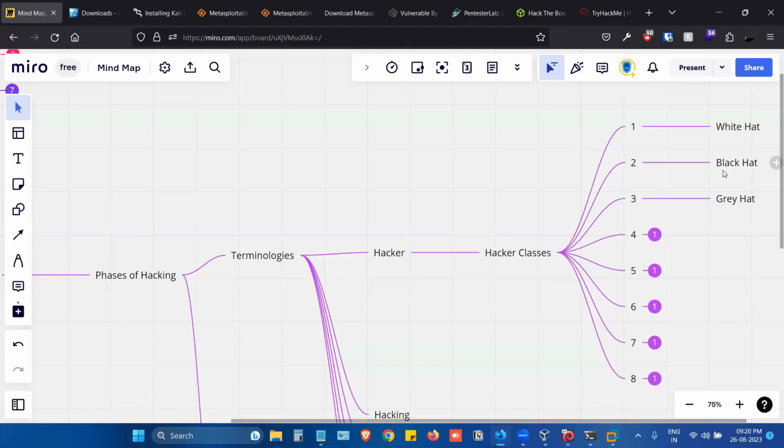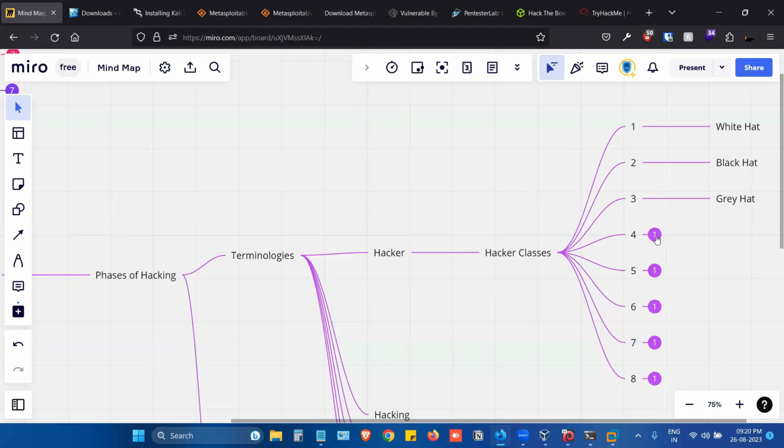So basically it depends on the time. Sometimes, for their own profit, they perform some malicious activity or violate some kind of laws. So it depends on what activities they are performing. Sometimes they act as white hat hackers, sometimes they act as black hat hackers. So these are the gray hat hackers.